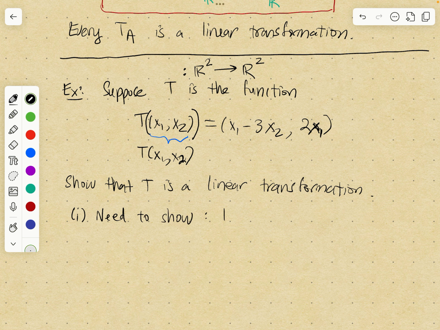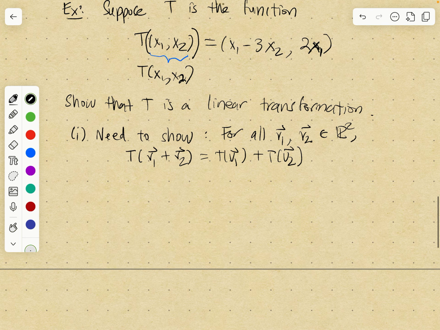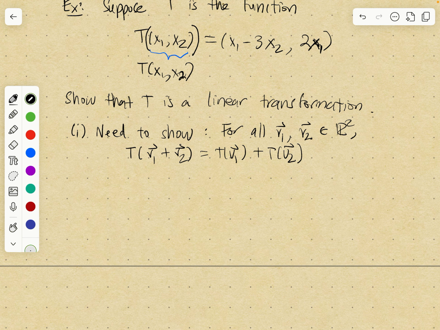We need to show that for all v1 and v2 in R2, T of v1 plus v2 is equal to T of v1 plus T of v2. What we're going to do is calculate T of v1 plus v2 and then T of v1 plus T of v2, and show that you get the same thing.